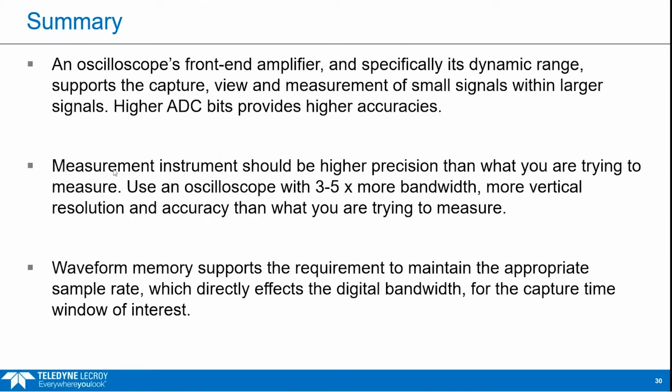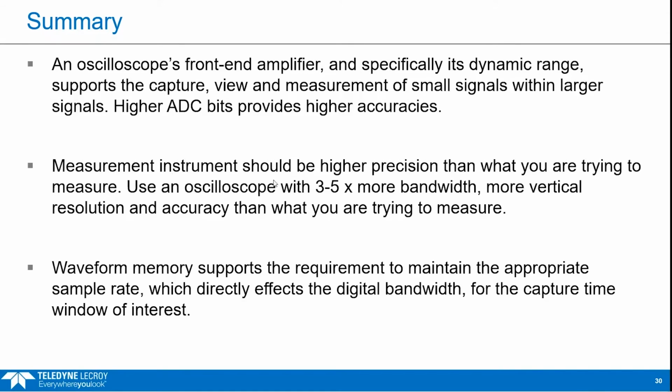And then I think about metrology, where you're trying to use precision equipment to make measurements on other products or signals. Same thing with the scope. Make sure that you have the precision that you want from what you're trying to measure.